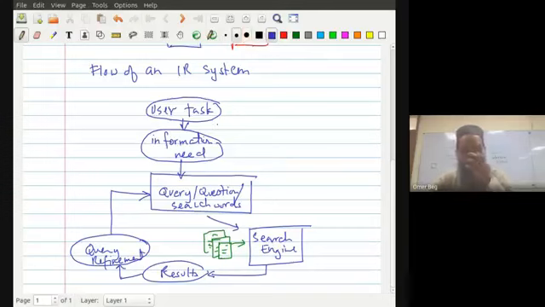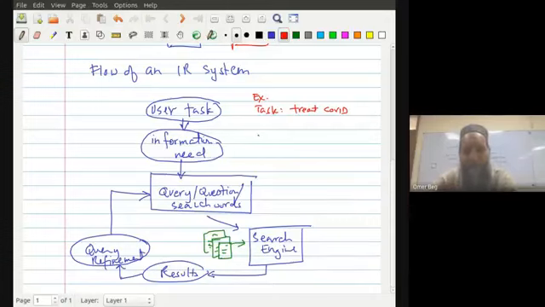So as an example, you can think of the user task where the user wants to treat COVID. He or she has a need of trying to figure out information: how can I treat COVID, whether through traditional mechanisms?